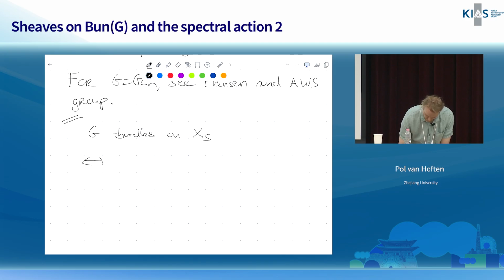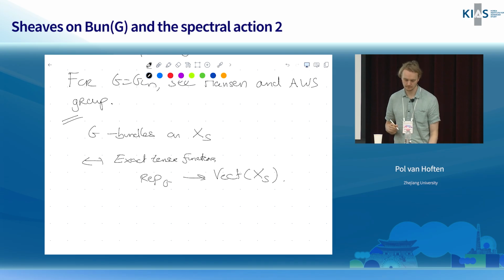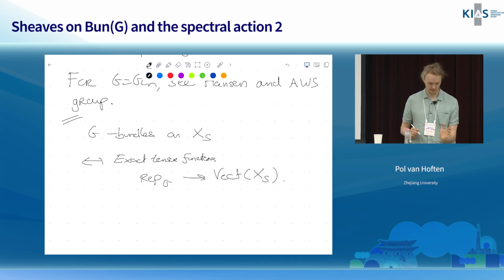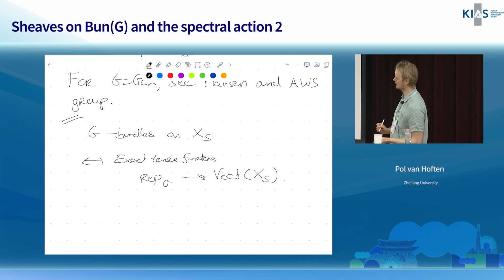They're just the same thing as exact tensor functors from Rep G to this exact tensor category of vector bundles on X_S. This is explained somewhere in the Berkeley notes, the appendix to lecture 18 or 19, I think. Okay, so I want to say what is a filtered vector bundle?